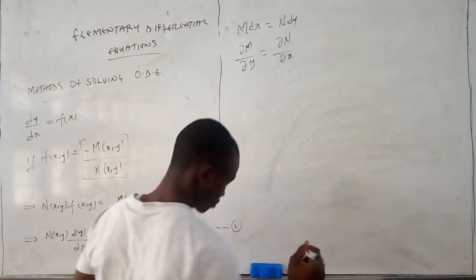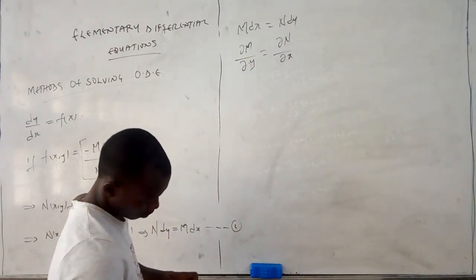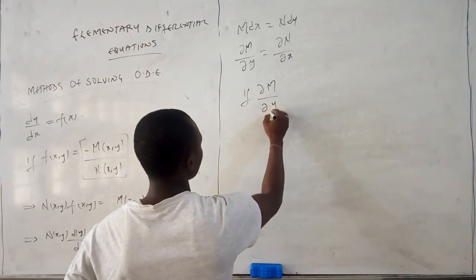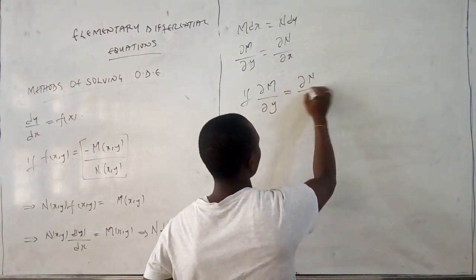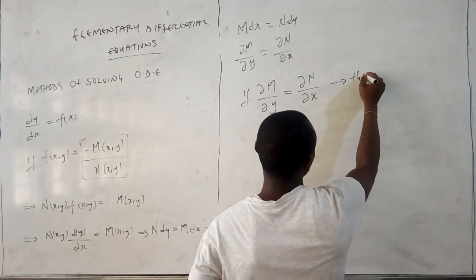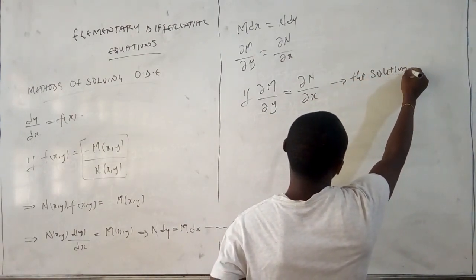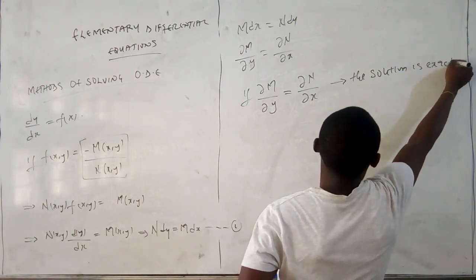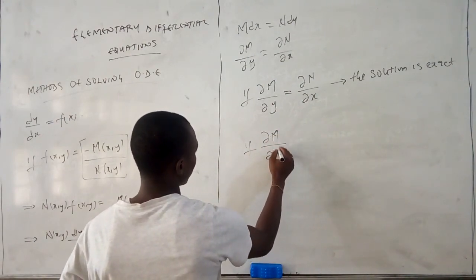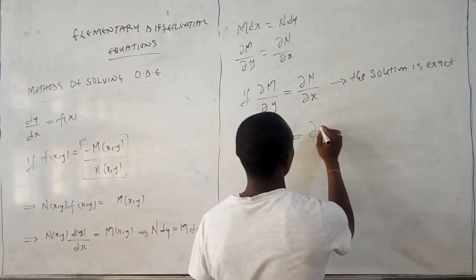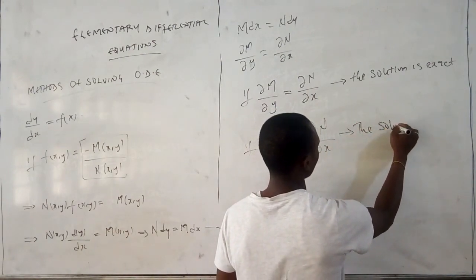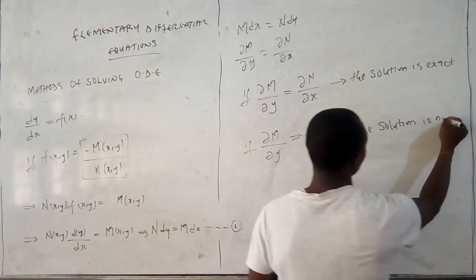After differentiating, if partial derivative of M over partial derivative of y is equal to partial derivative of N over partial derivative of x, then the solution is exact. Whereas if partial derivative of M over partial derivative of y is not equal to partial derivative of N over partial derivative of x, then the solution is not exact.